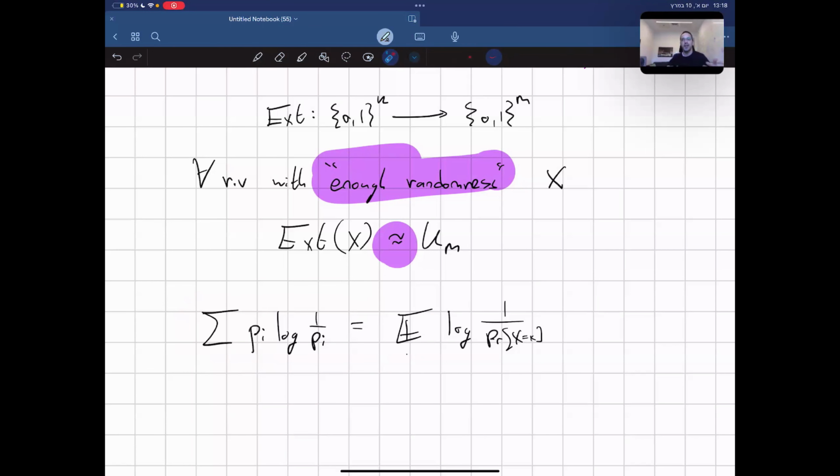So you're getting a lot of samples, and you ask, typically what's the number of bits I need to represent a sample, and so forth. The extractor that we are talking about here is going to get just one sample from the source. So it doesn't have the luxury of waiting for typical inputs. It's kind of a worst-case thing. So what we are going to essentially do is replace that average by a minimum.